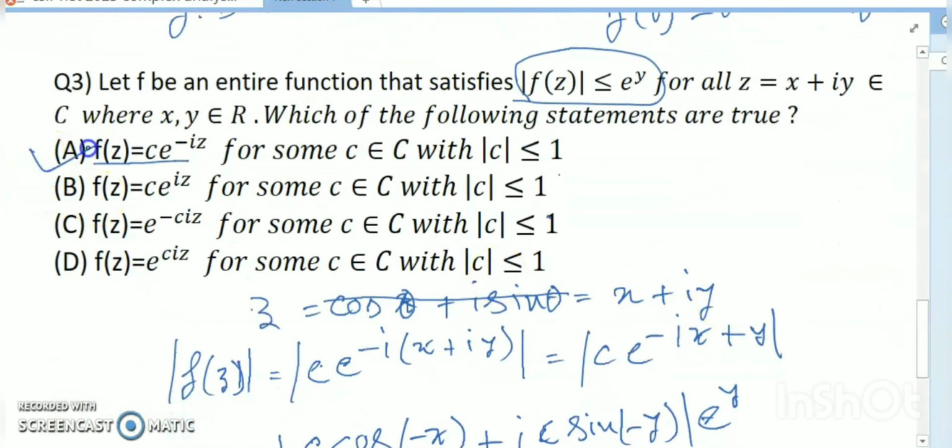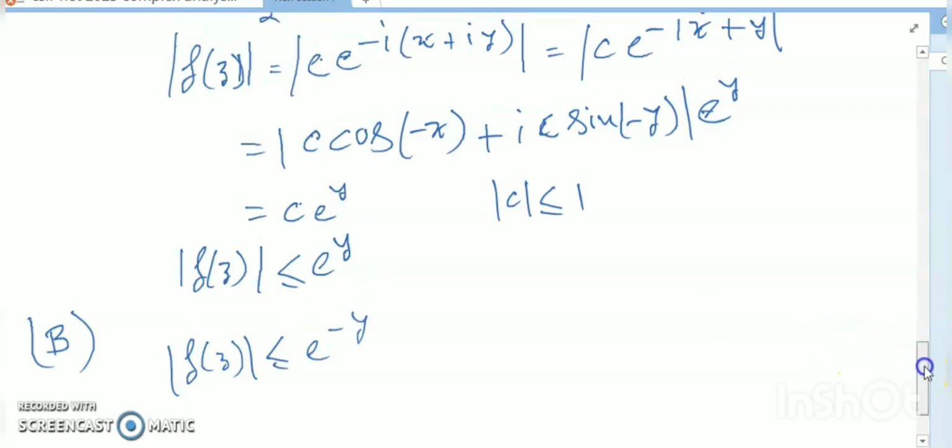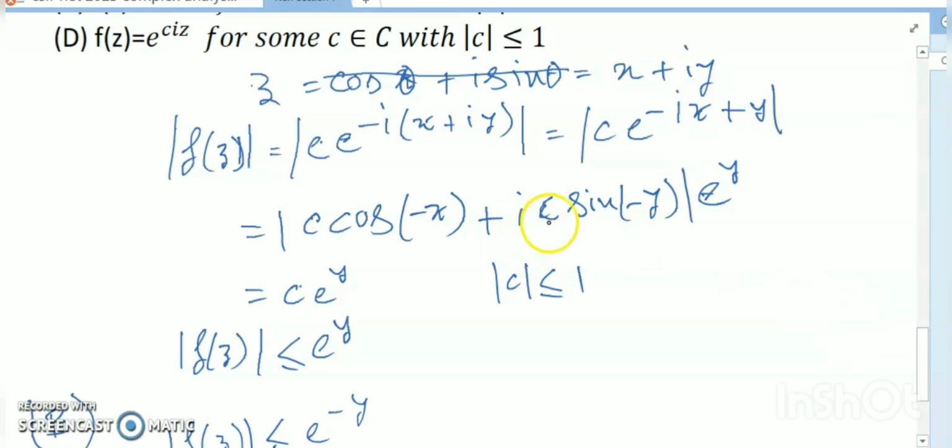So my first option A is correct, and the second option, fz equals c into e to the power iz, this option is not correct. How, friends? Because if we put the value in option B, then mod of fz is less than or equal to e to the power minus y. The procedure is the same, minus i into x plus y minus ix, and i square is minus 1, so minus minus plus.